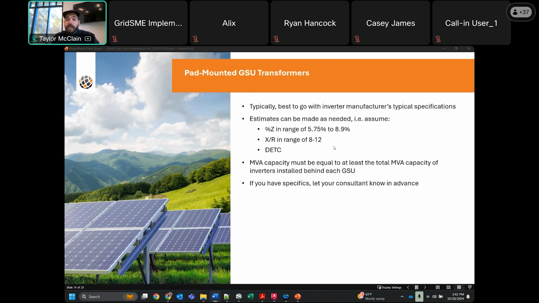So it's not a deal breaker to change things later in the process, but it does require somewhat of a rework of the entire package when you change some of these smaller things that may not have a huge impact. So it's just something good to think about if you're trying to cut down the hours needed for these interconnection request packages. If you have specifics on these things, just let your consultant know in advance, so that the design that you want can show up in the final model as soon as possible.